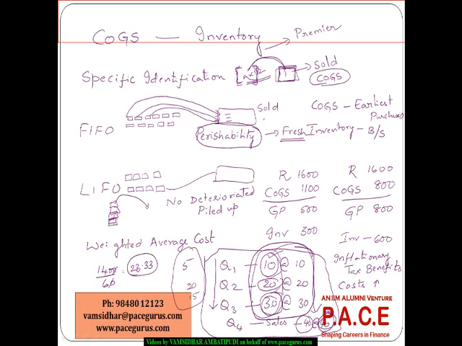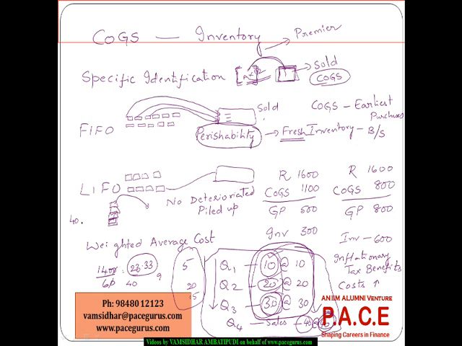Now, because 40 items are sold, the cost associated with the 40 items is 40 into 23.33.